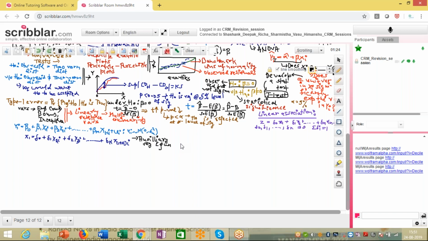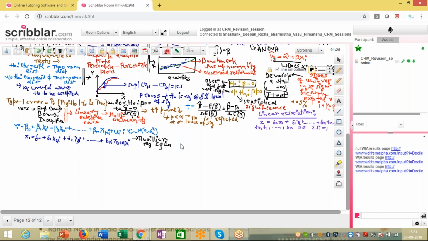So what is an auxiliary regression equation once again? When one independent variable is written as a function of the other independent variables, that is called an auxiliary regression equation. Similarly, x2 can be written as a function of x1, x3 and the other variables, and this goes on.